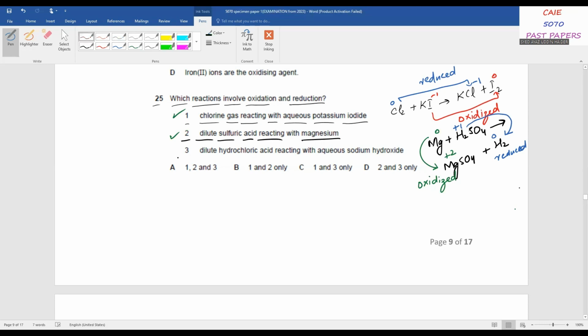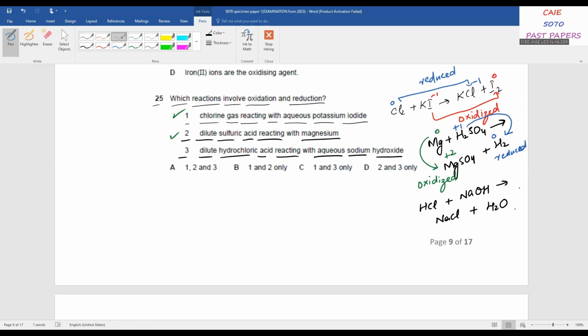Statement number 3. Dilute hydrochloric acid reacting with aqueous sodium hydroxide. Here's the reaction between hydrochloric acid and sodium hydroxide. The product will be NaCl and H2O. If you look at this reaction, none of the elements has a change in oxidation number taking place.